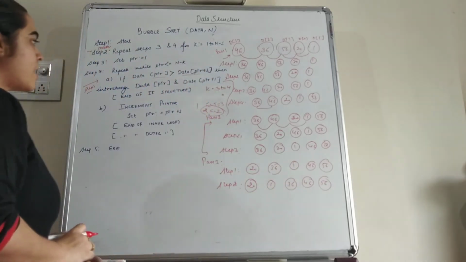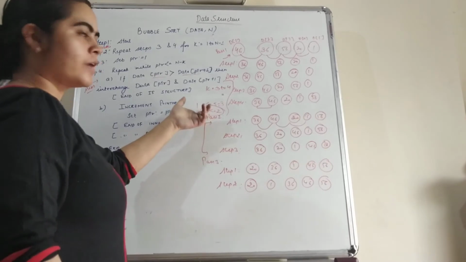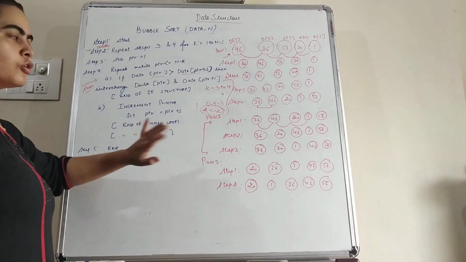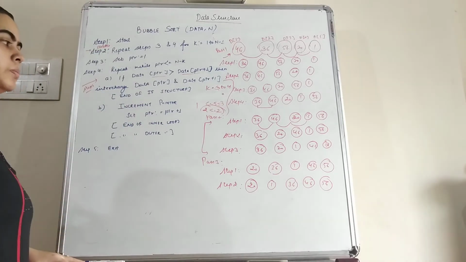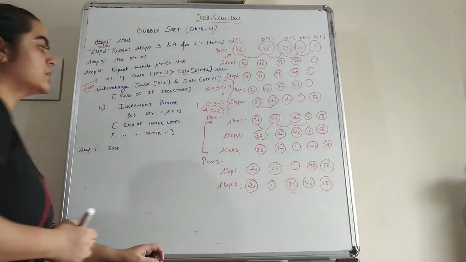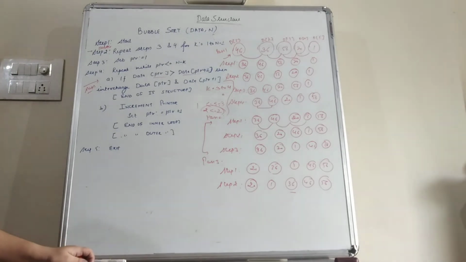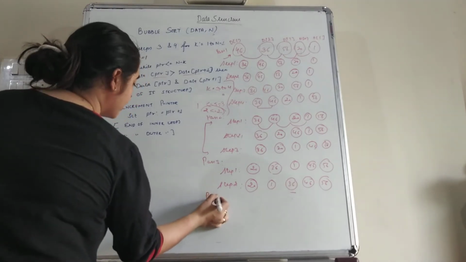So that means this pass is finished, because now if we are incrementing PTR by 1, 3 is less than equal to 2. No, that means the inner loop will end. So at the end of this pass, the third largest element is at the third last position. Now we can start with pass number 4.